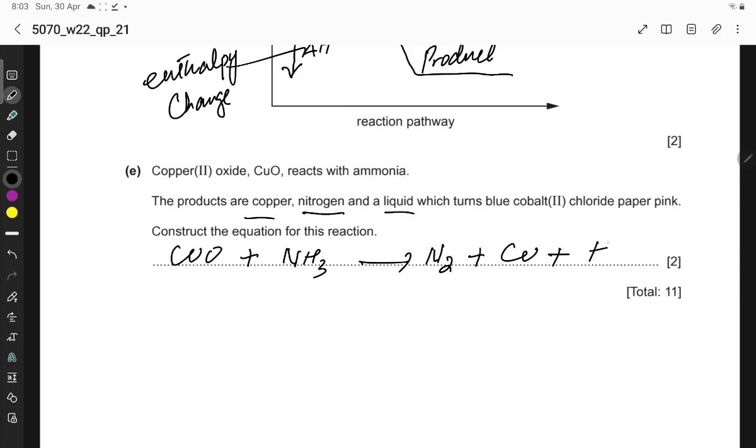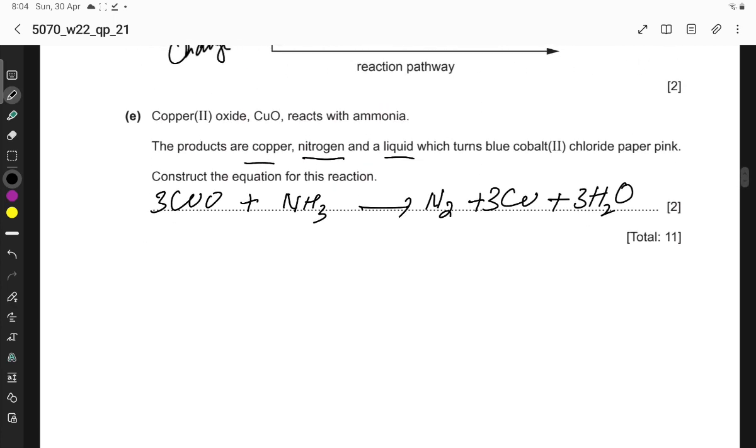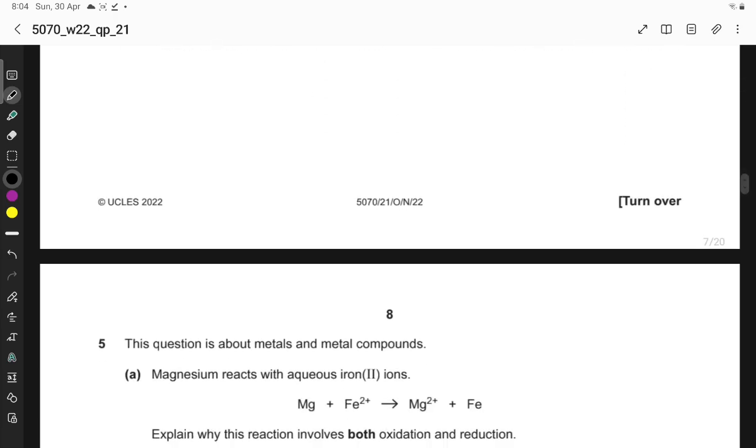So this is water. To balance the reaction, 3Cu, 3Cu. Correct formula and correct balancing carrying 2 marks.